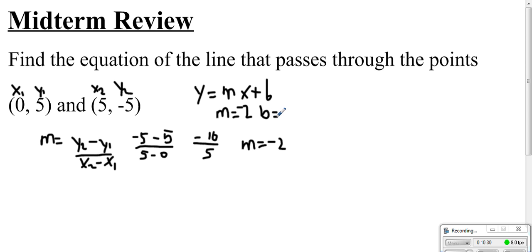When you're missing the y-intercept, let me switch to typing right here. If you're missing the y-intercept, you have y minus y1 equals m times x minus x1.